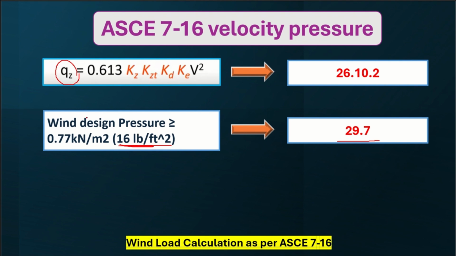If your calculated value is above this value, you need to consider that value. This is the important point as per ASCE 7-16 29.7. So your minimum wind pressure should be 16. Keep that in mind.